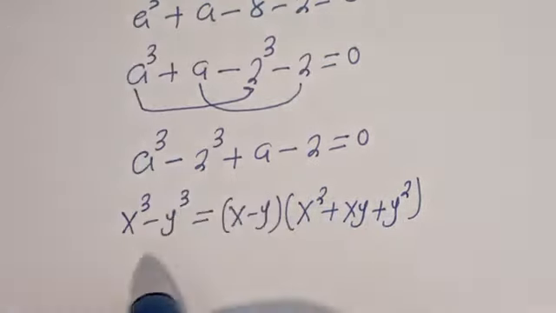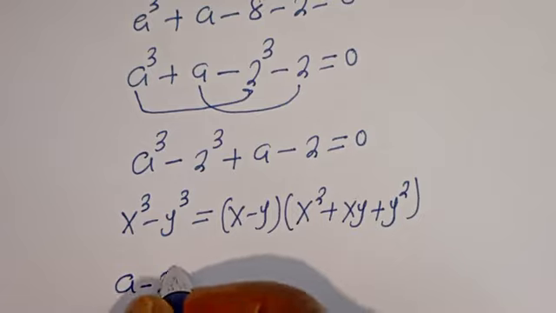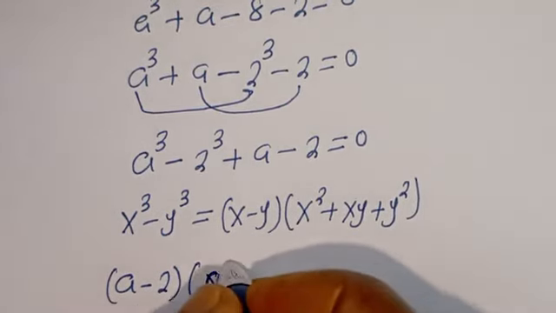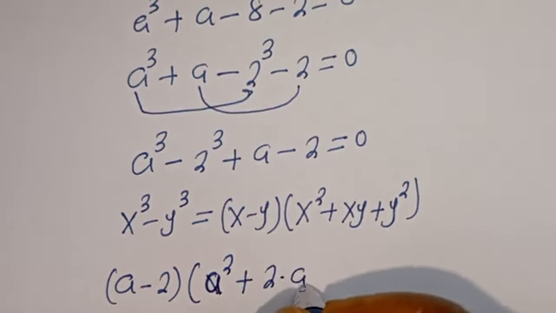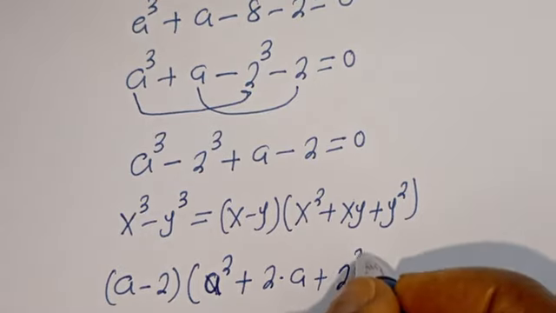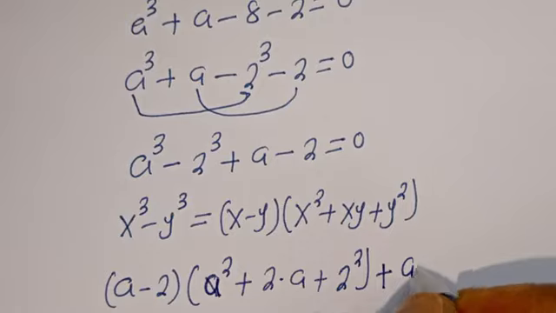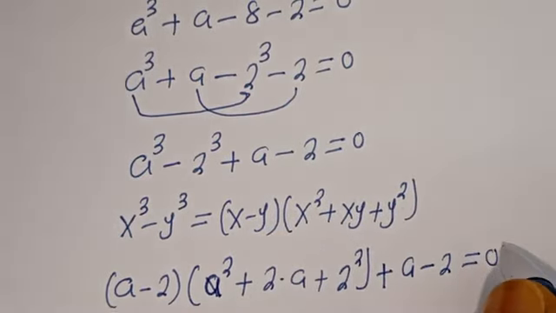Then this can be written as a minus 2 bracket a square plus 2 multiplied by a plus 2 square, plus a minus 2 is equal to 0.